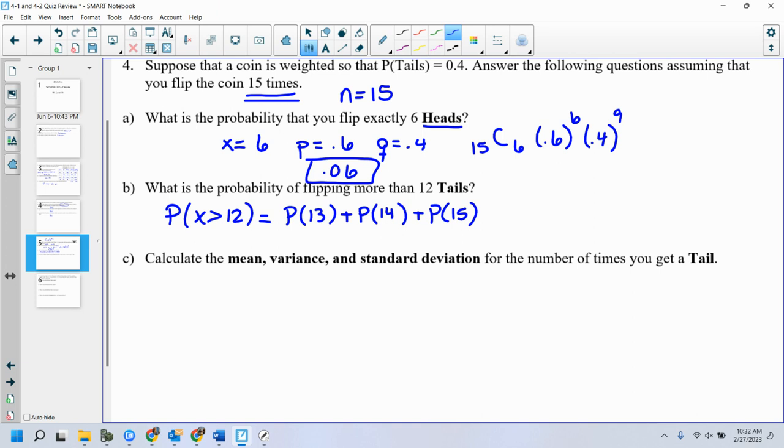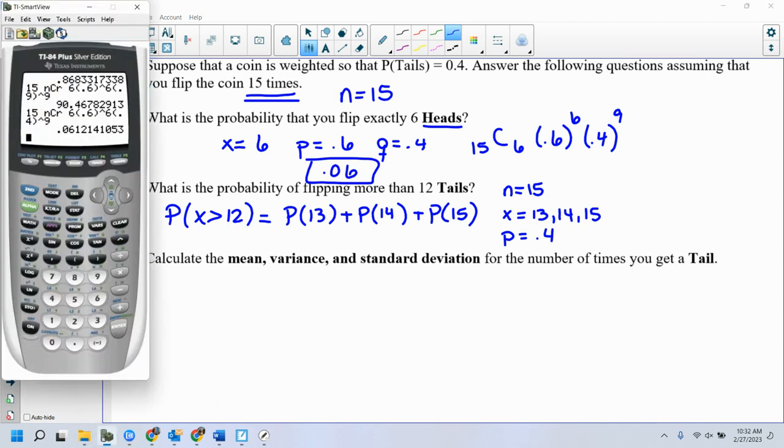Here n is 15. x is going to be 13, then 14, then 15, so I'm going to run 3 calculations. But p stays constant. What is p? 0.4. Therefore, q is 0.6.